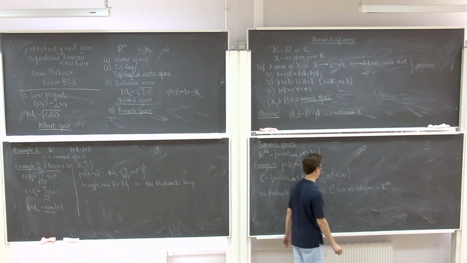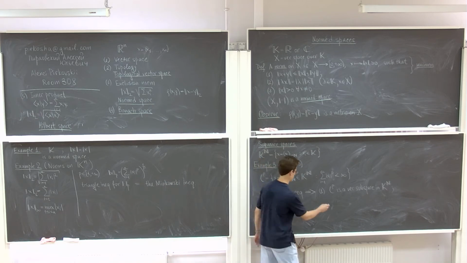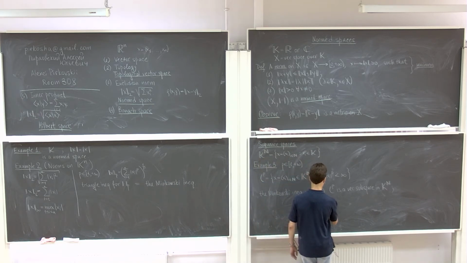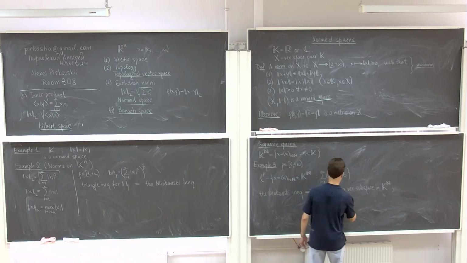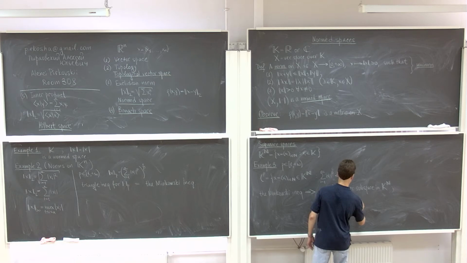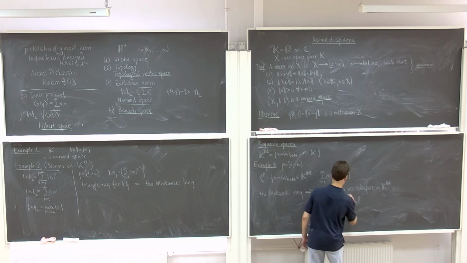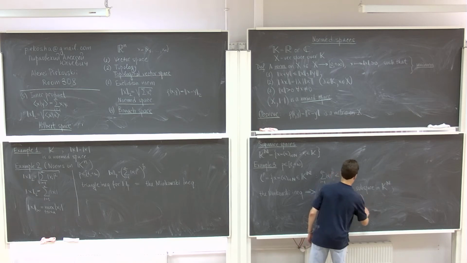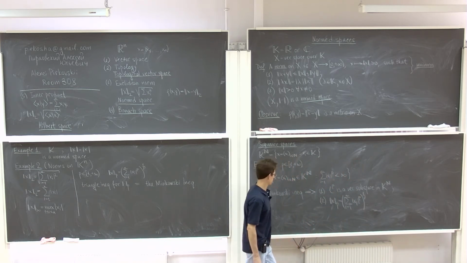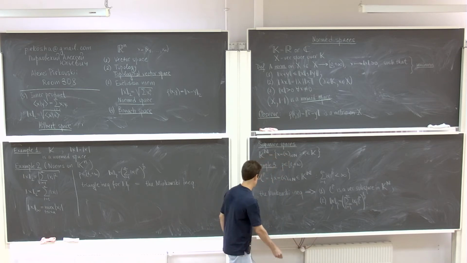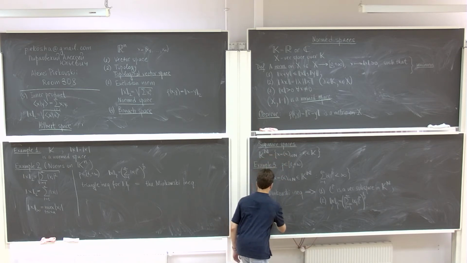And second, the space has a natural norm given by the following formula. So this is a normed space. l^p is a normed space.